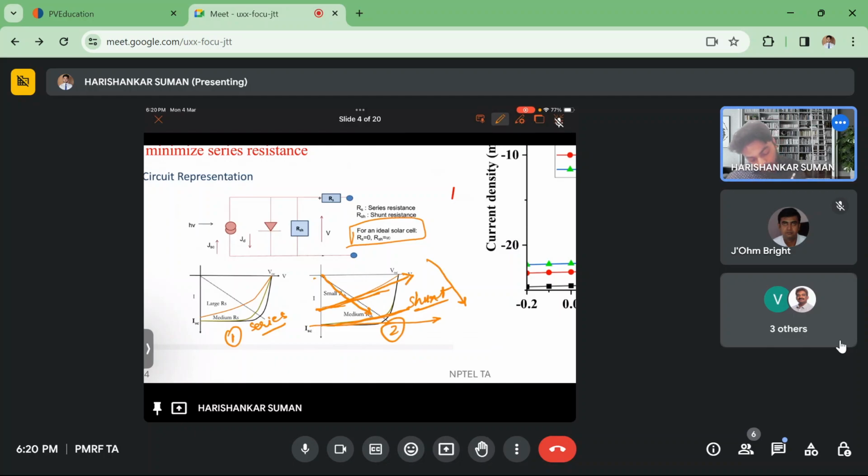In the first IV characteristic, series resistance: look here when we take the tangent. The reciprocal of the tangent of the IV curve gives us resistance. So also remember the order, from where to where is small or high.